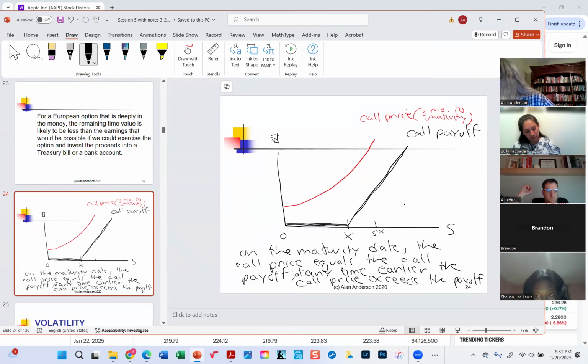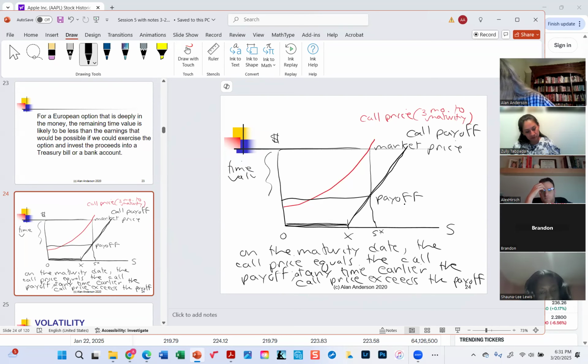I'll just call it S star. So the payoff is this number. The market price is here. So the gap between these two is referred to as the option's time value. And that represents the premium you're paying for the fact that there's a fairly long time to the maturity date, and the option could become more valuable before the maturity date.